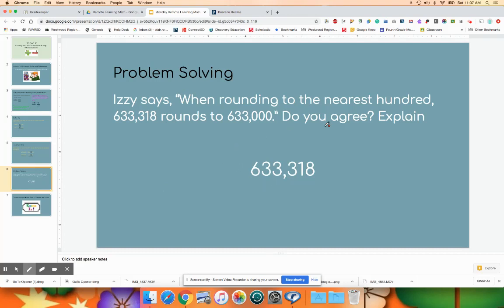So I'm going to go to the hundreds place. I'm going to use my strategy every single time. I underline the rounding place. I draw my arrow. What does the 1 do to the 3? Bump it up or leave it alone? It leaves it alone. So this number would round to 633,300. Remember, I'm leaving the 3 alone.